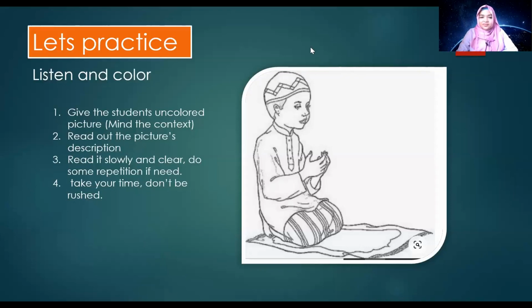Okay, give the student uncolored picture, mind the context, as I said, read out the picture's descriptions. So, you can also do this. Read the whole descriptions before the students start coloring, and then later, step by step, read the sentence and wait until the student finish coloring the picture. Okay, read it slowly and clear. Do some repetitions if needed.